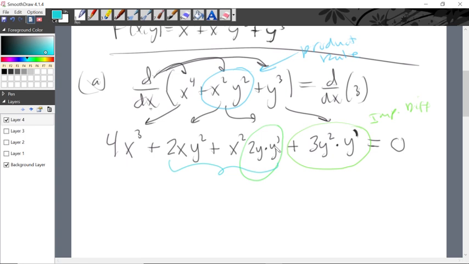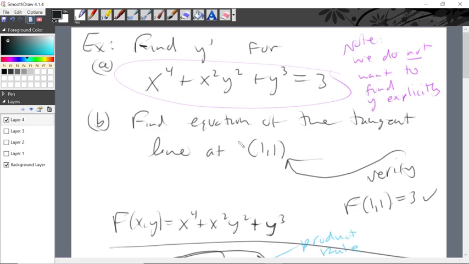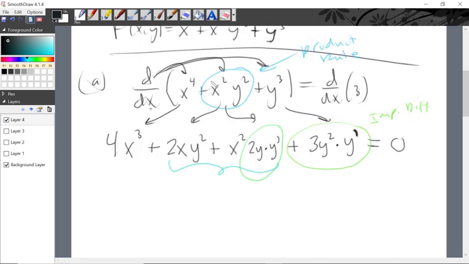So this is the product rule for that middle term, and we had implicit differentiation done when we took the derivative of the y factor of this term. Now we're not done. We've taken the derivative here, but now we need to find out what y prime is itself. So we need to solve this equation now for y prime.